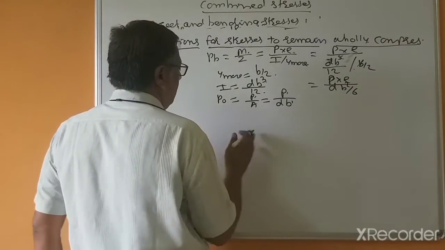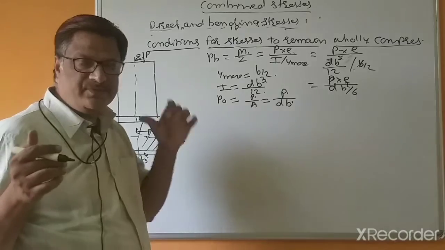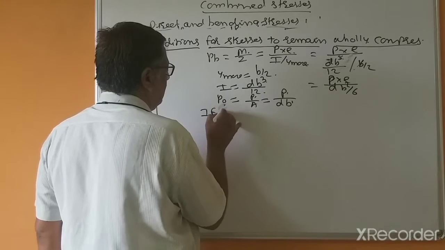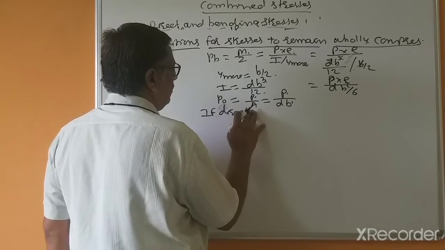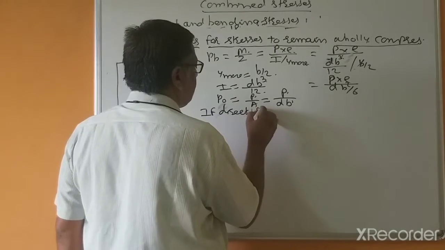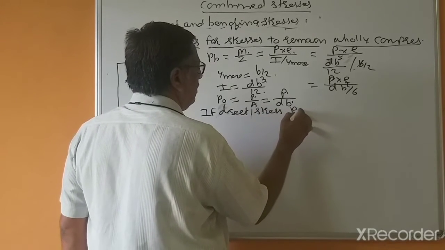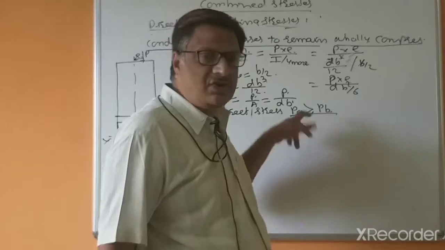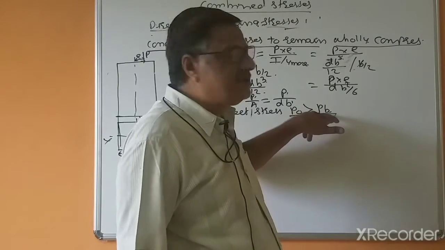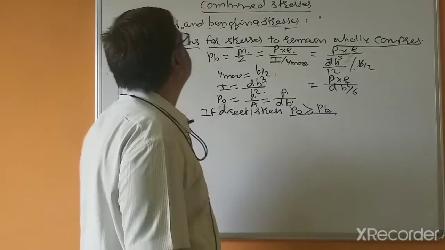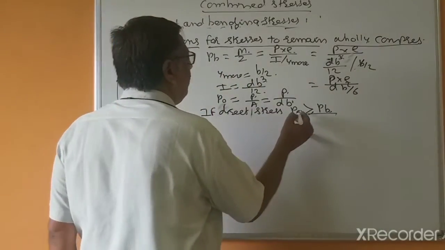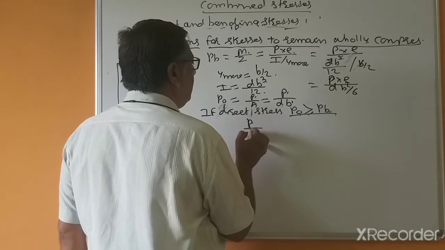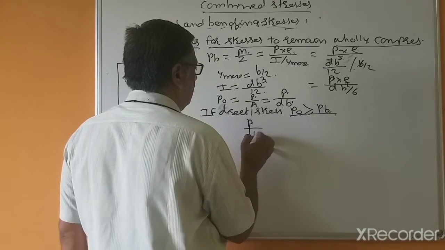Now conditions. So for wholly compressive, here are the conditions. If the direct stress is greater than or equal to PB, because the nature of the direct stress is compressive, then and only then, if this is greater than PB, it produces only compressive stresses. Now P0 equal to P divided by dB.